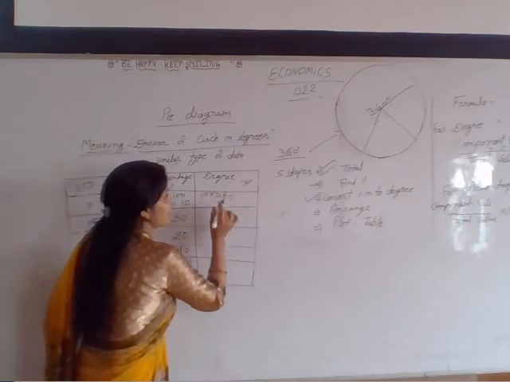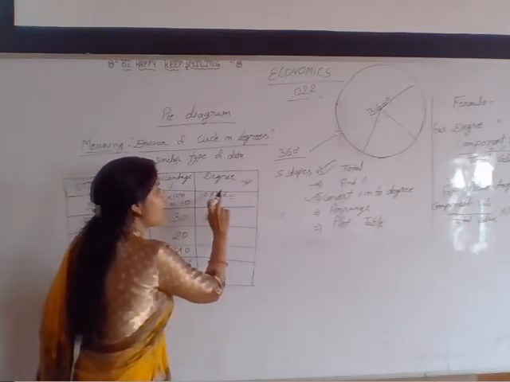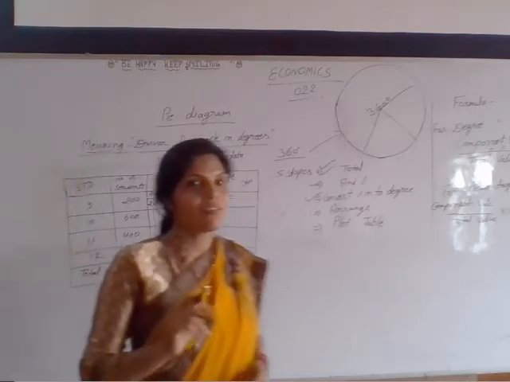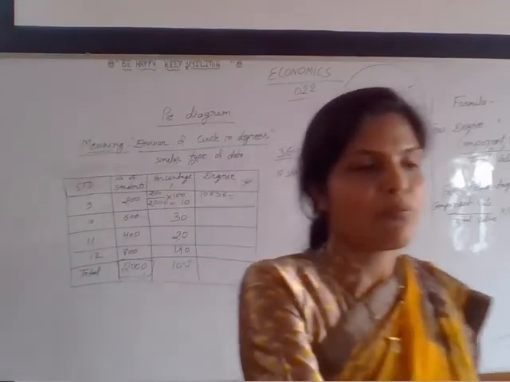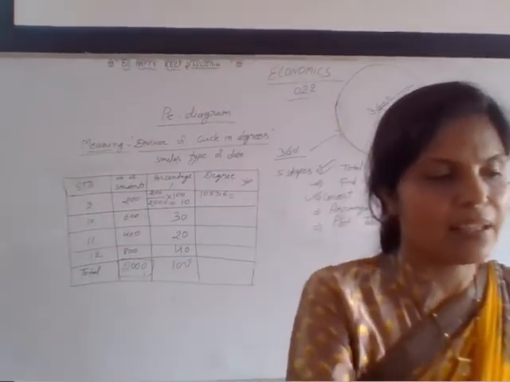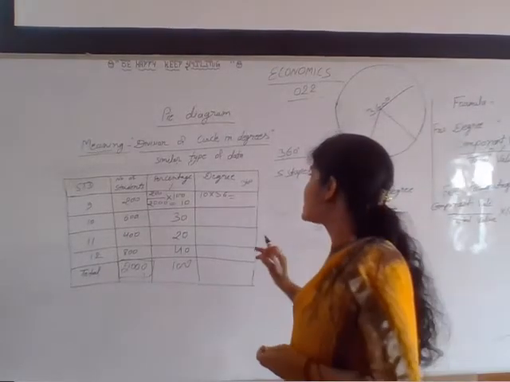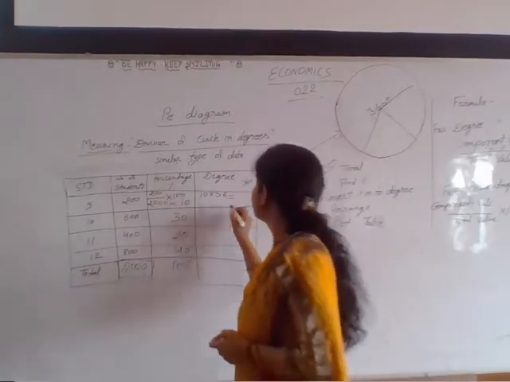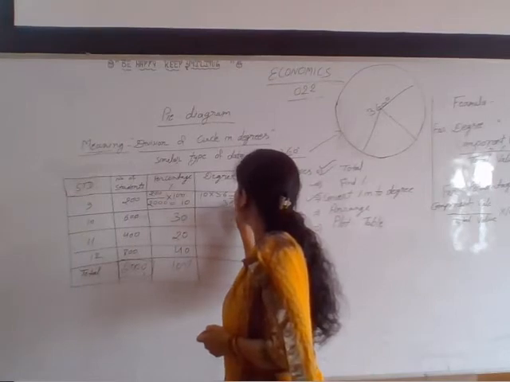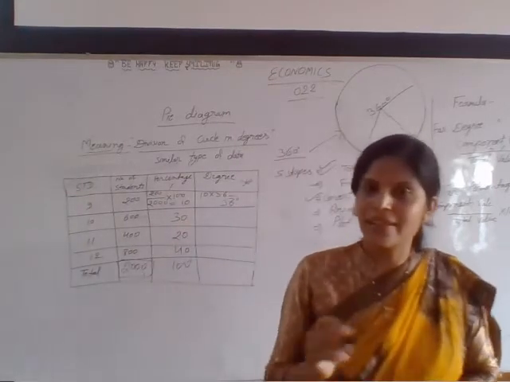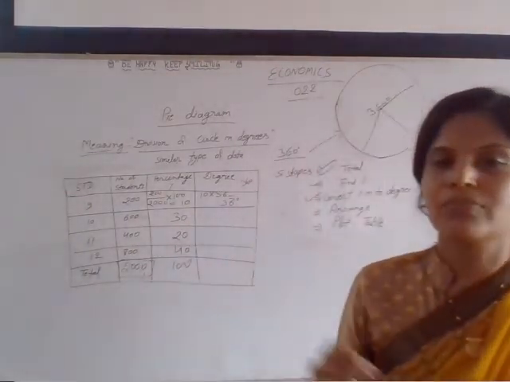Okay, value will be same. Then what will we get? 10 multiplied by 3.6. What is our value? By that method and by this method, when you get the result, it will be same. That will be 36 degree. Next is what?